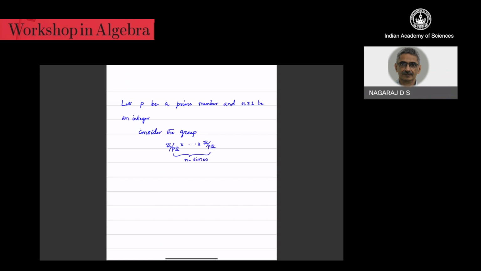So this is usually denoted by Z mod P Z to the power n. This is the definition. Okay.